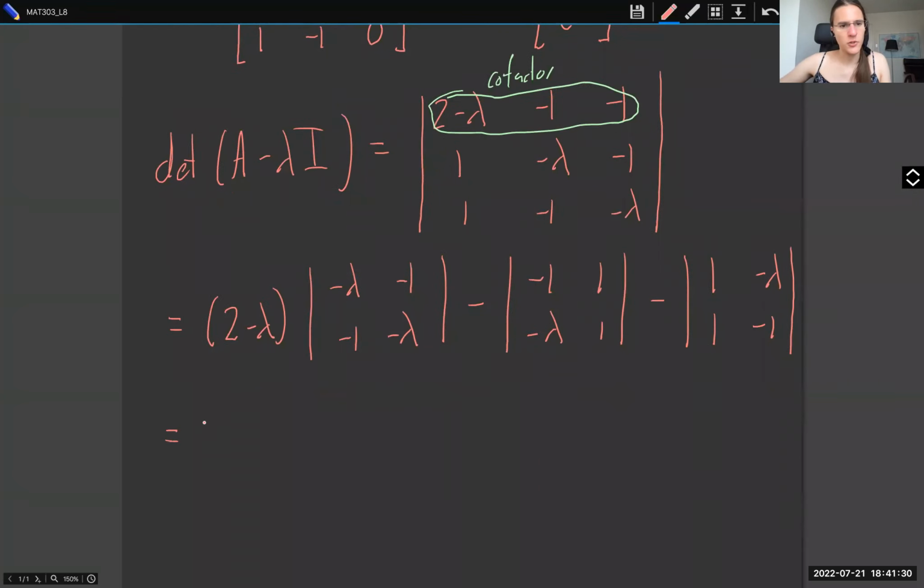And so that's equal to 2 minus lambda by lambda squared, and then this is going to be -1. This is going to be minus, this is going to be -1 plus lambda. And this is basically the same thing. So here we get rather -1, yep, and then plus lambda.